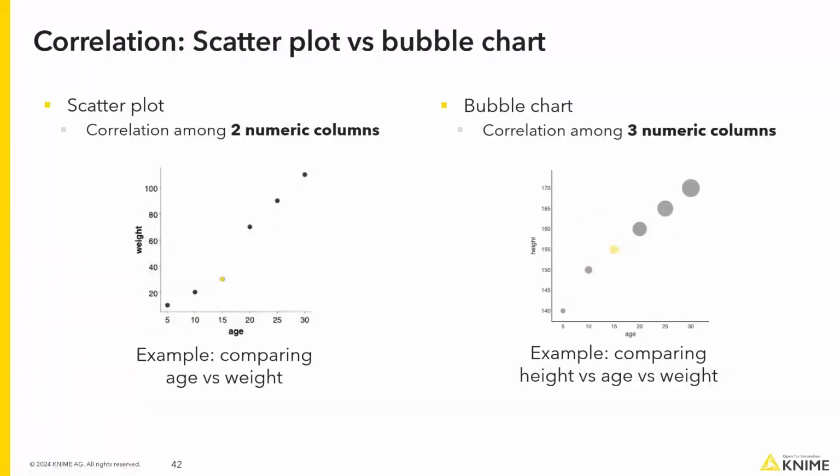You can also build a scatter plot or bubble chart to see the correlation between two or three different numeric columns. For example, in a scatter plot, you can compare two columns, and then you can see which data points don't fit into the general trend. With the bubble chart, you can add an additional dimension by introducing the size of the bubble.